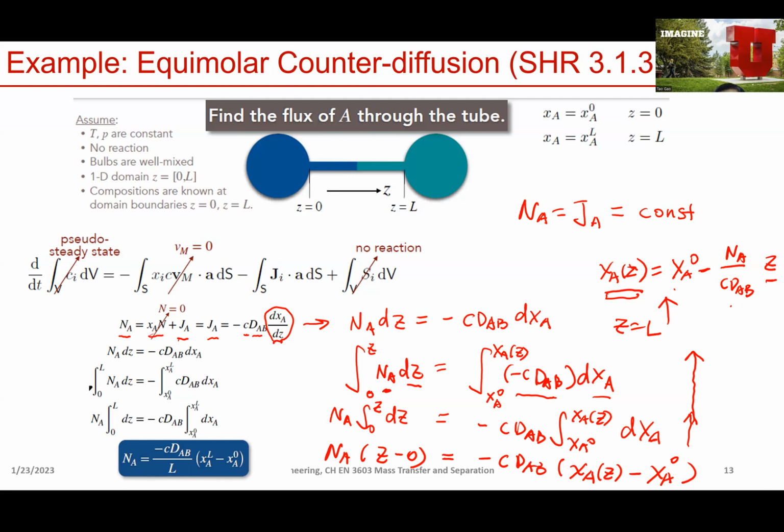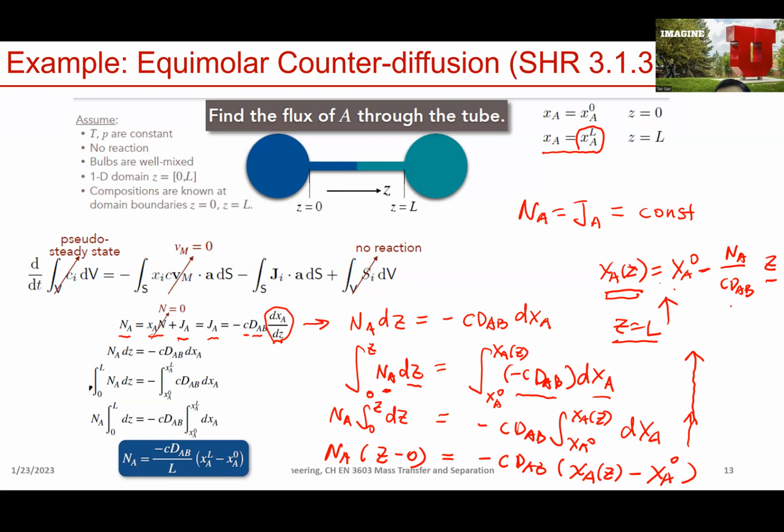Now, we have this equation, but we can actually further simplify it because we don't know NA, C, DAB, right? Even though they are constant, we don't know them. What we know is the concentration XAL at the right-hand side, which we have not used. What we can do is plug in Z equals L into this equation.